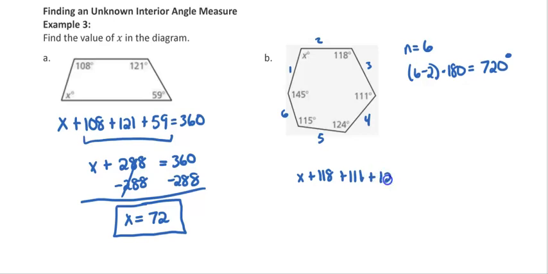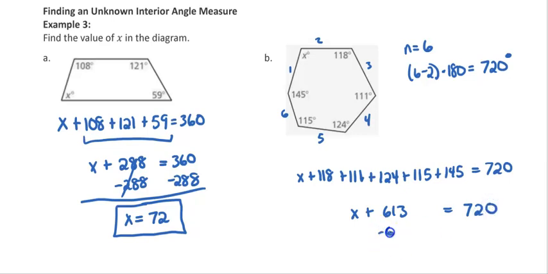So if I add up all 6 angles, x is one of the angles, then it equals 720 degrees. Now, in my calculator, I can add up this 118, 111, 124, 115, and 145. That makes 613. And then to get x by itself, I subtract 613 from both sides, and I get 107.